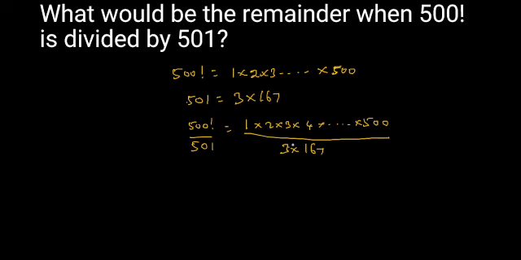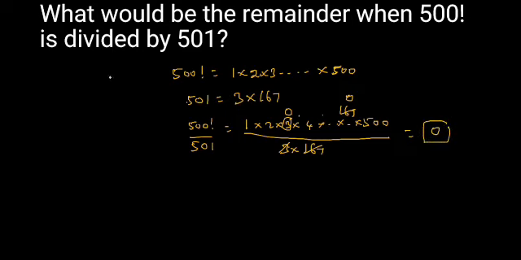Now this 3 divides the 3 in the factorial, and the remainder is 0. The product 1, 2, 3 up to 500 also contains 167, and 167 divides 167, with remainder 0. So 0 into 0, the remainder is always 0 in this case.